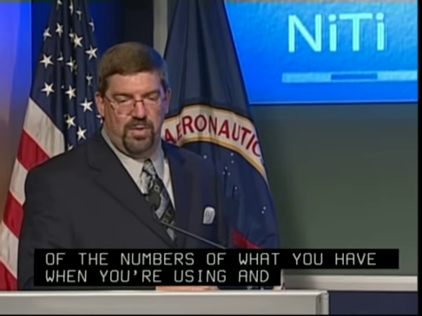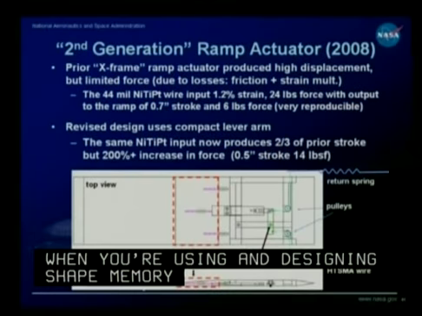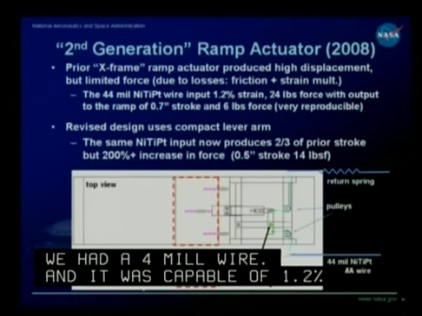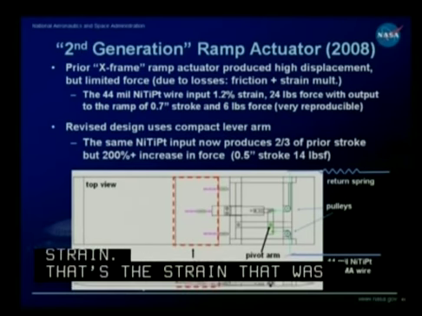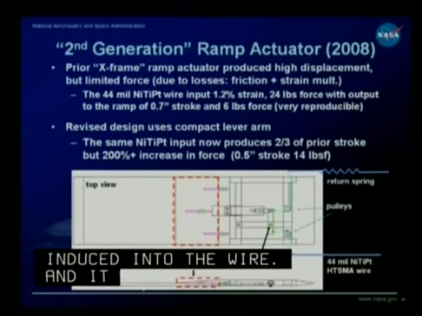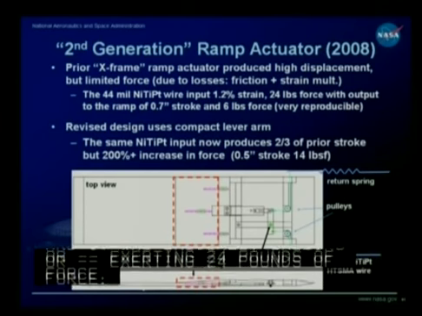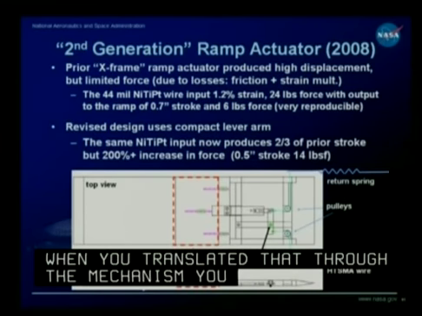We had a 44 mil diameter nickel titanium platinum wire, and it was capable of about 1.2% strain. That's the strain that was induced into the wire. And it was exerting 24 pounds of force. When you translated that through the mechanism, you were getting about 7/10 of an inch of stroke as well as about 6 pounds of force.